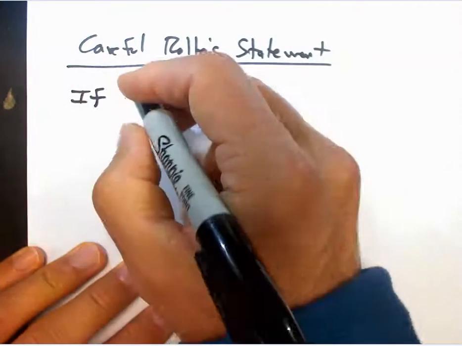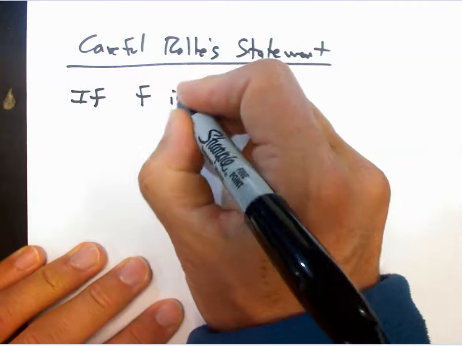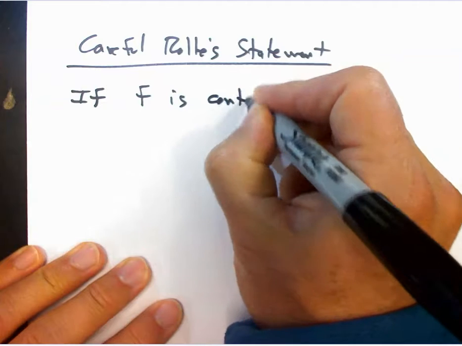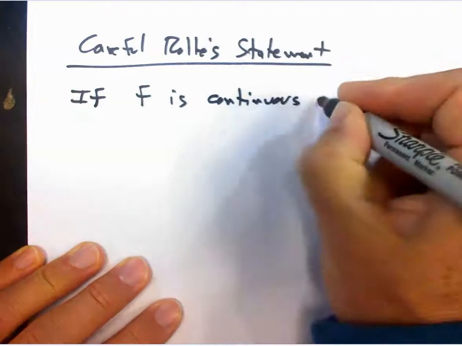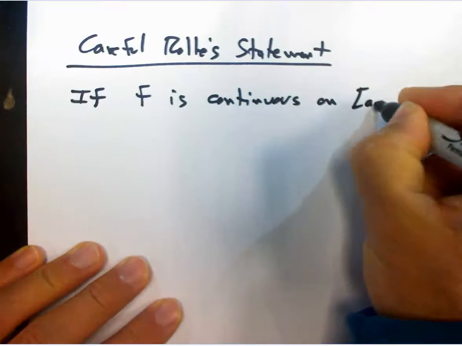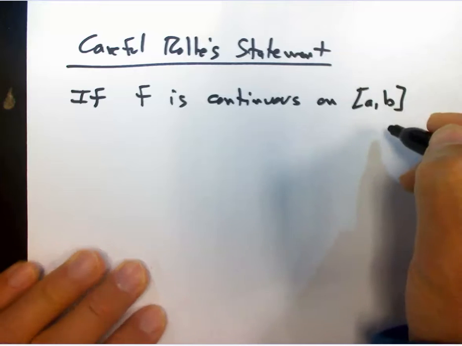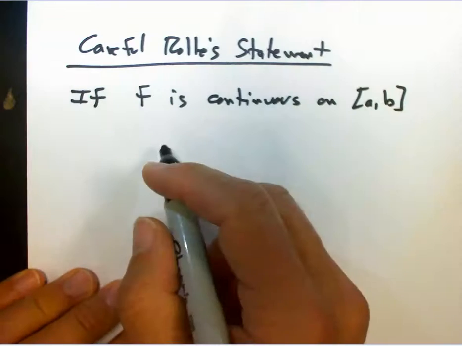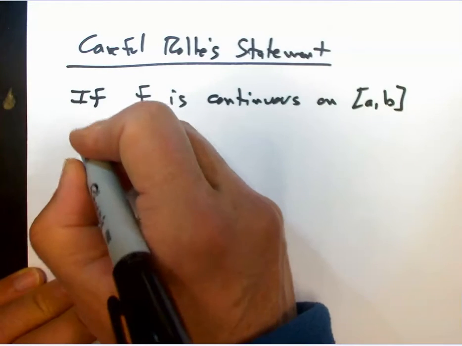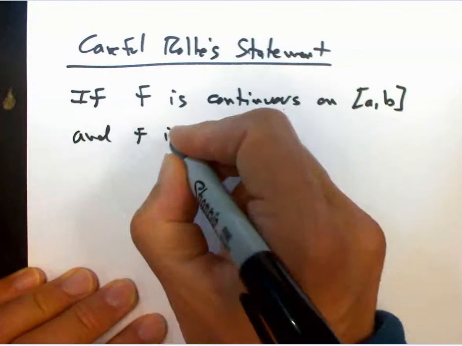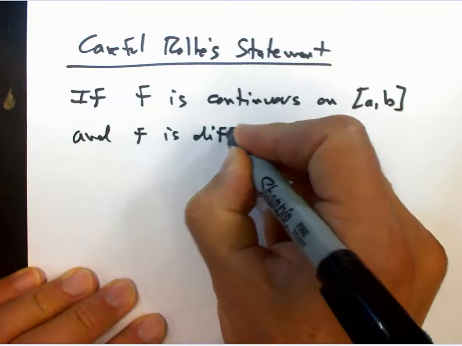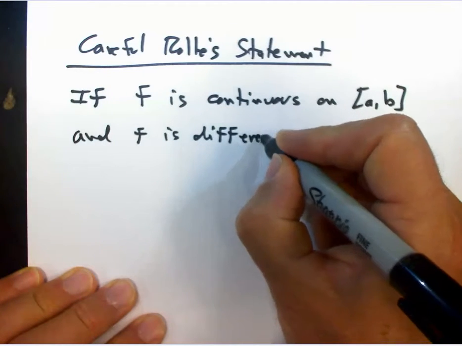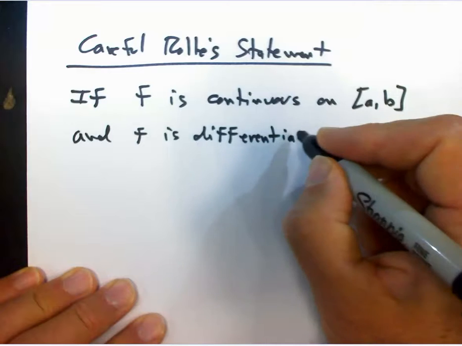So if f is continuous on a whole closed interval, and it has to be all the way to the endpoints, so you don't teleport at the last minute or the first second, okay? And we're going to require that it's differentiable. It starts out just like the statement of IVT, and it's very similar in feel to IVT.